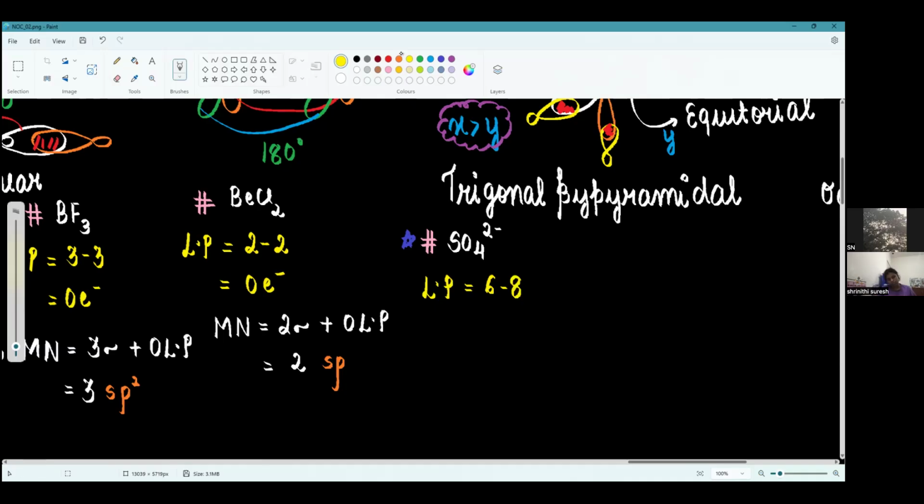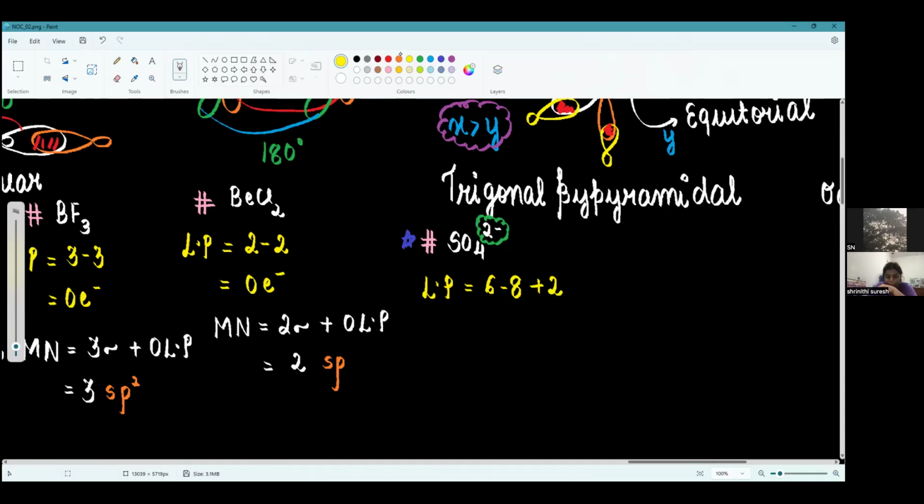Now look at this, something very interesting. What charge is given over here? -2. It's not 2, it's -2. So that means you are adding 2 electrons. This is very confusing, so listen to me very carefully.